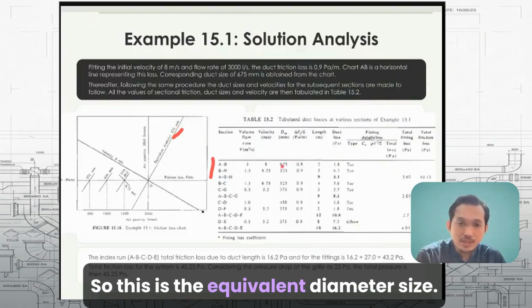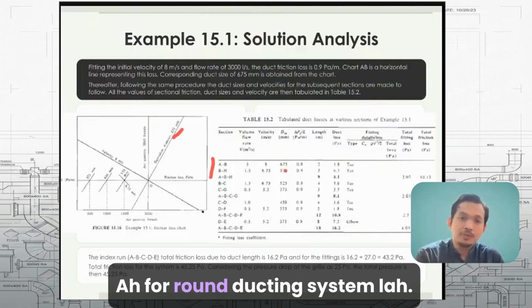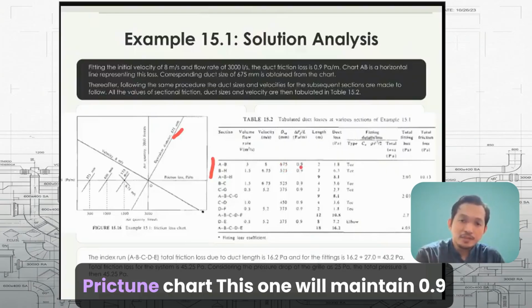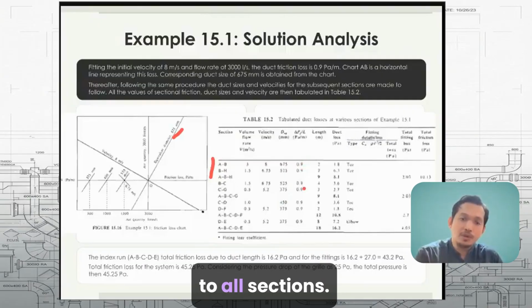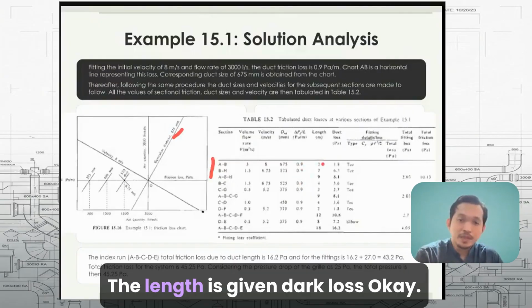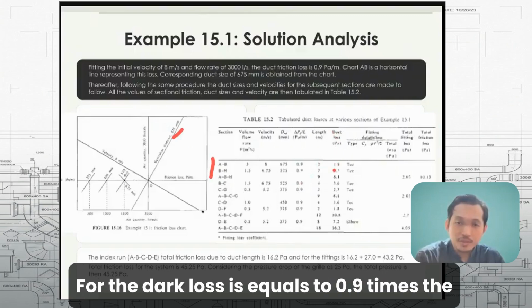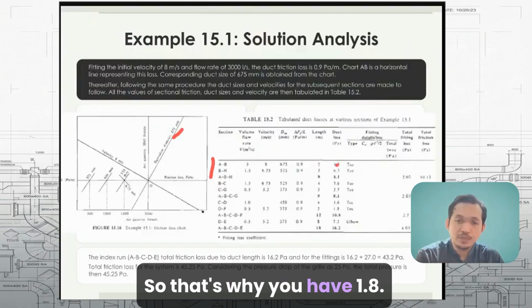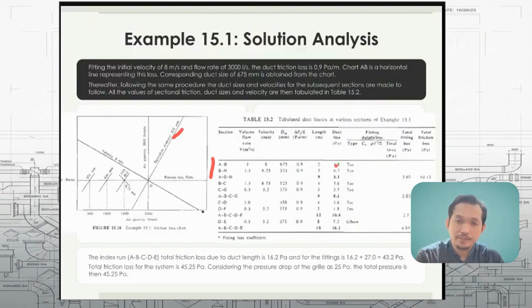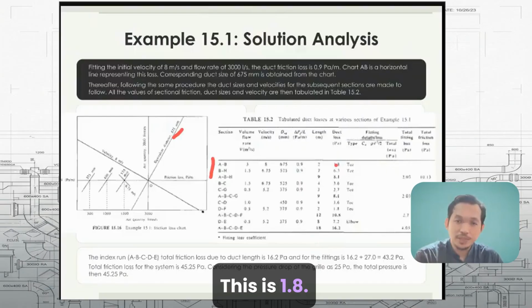This is the equivalent diameter size for a round duct system. The friction chart will maintain 0.9 for all sections. The length is given. Duct loss equals 0.9 times the length 2, so you have 1.8.